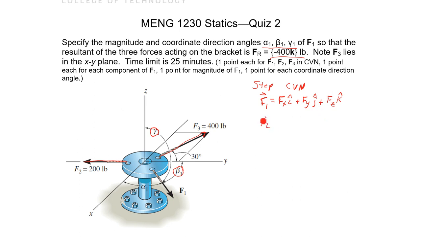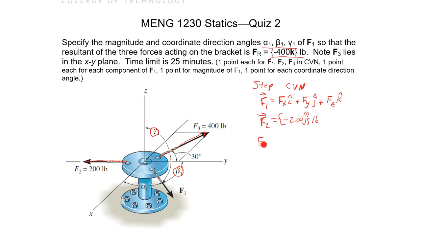Some people went back and wrote the actual values of Fx, Fy, and Fz after they'd solved for them. In F2, what do we have here? Well, we have negative y, so we have nothing in x, nothing in z, just negative 200j. And if we want to be complete, we can put pounds on this.